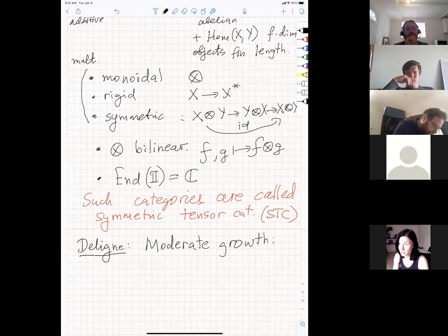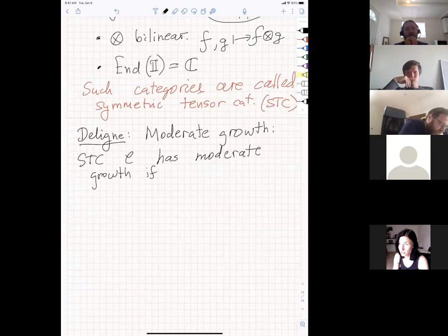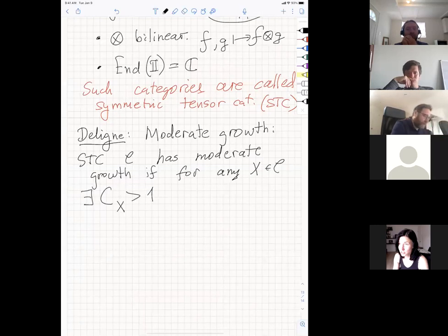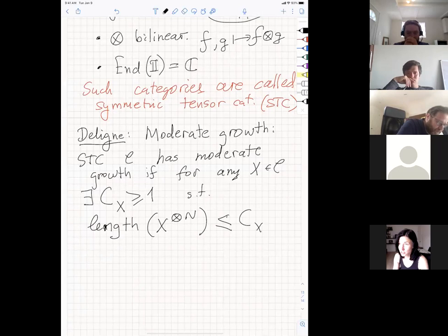So this is a condition. A symmetric tensor category C has moderate growth if the following is true. For every object X, there exists a positive number Cx, greater or equal to 1, such that the length of X to the n is less than or equal to Cx to the n.